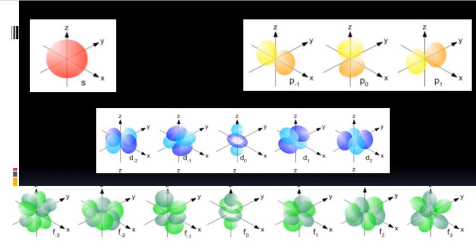And this is just a groovy picture that shows the different shapes that the different individual orbitals can take. For the top left, we have an s orbital where the magnetic quantum number is always equal to 0. Therefore, that looks like a sphere. You only have one of those.